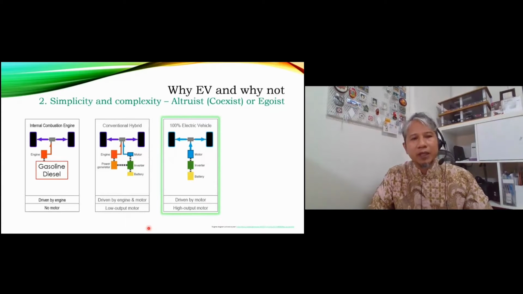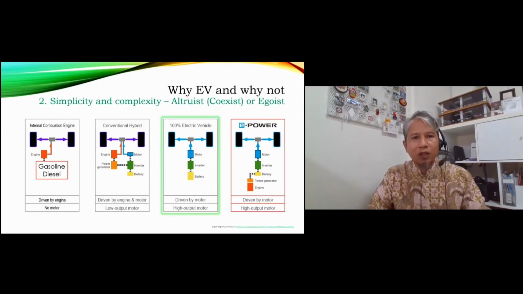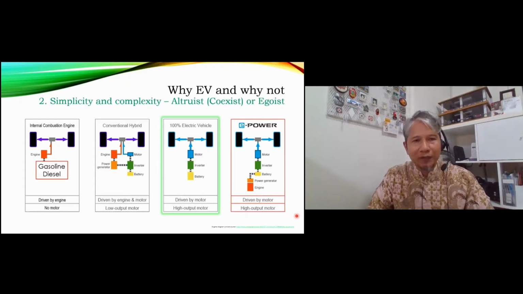And I would like to bring one more engine type that recently has been launched as a mass market car. It's not something new, but it has been promoted widely by one of the Japanese automakers, which they call e-power. So I can say that actually it is a kind of EV with a power bank on the go.